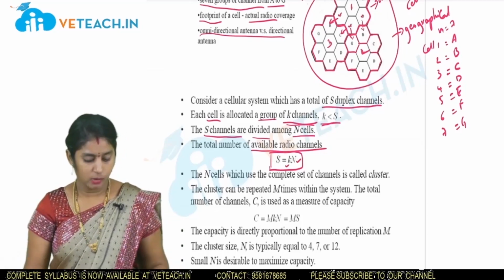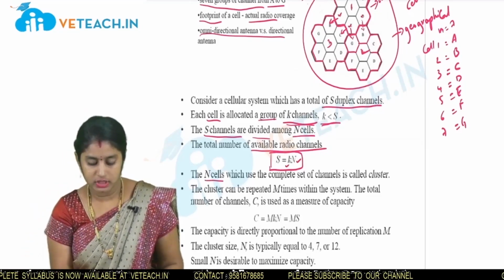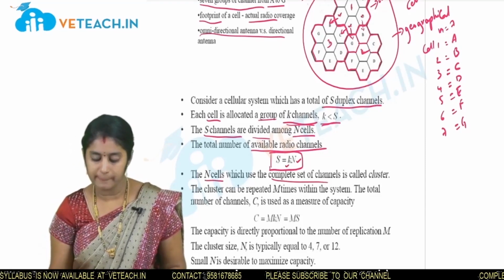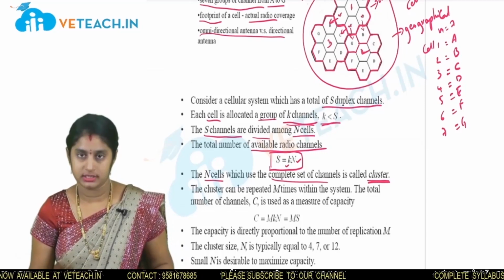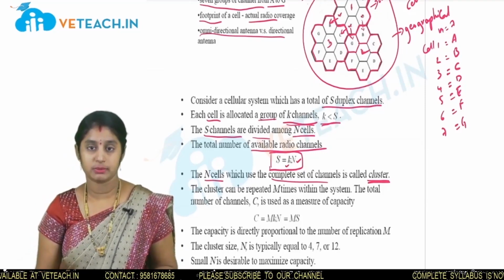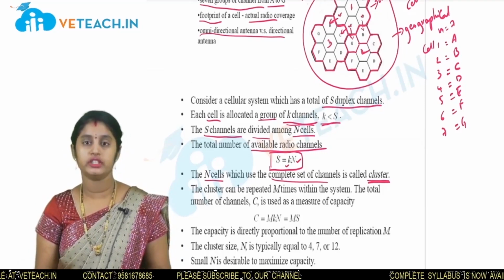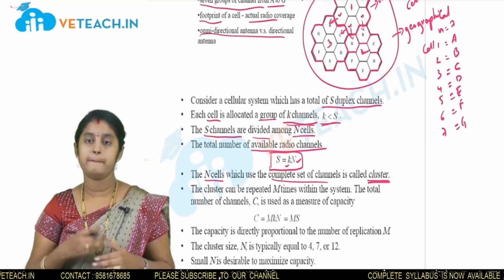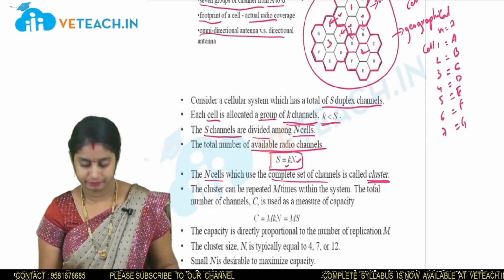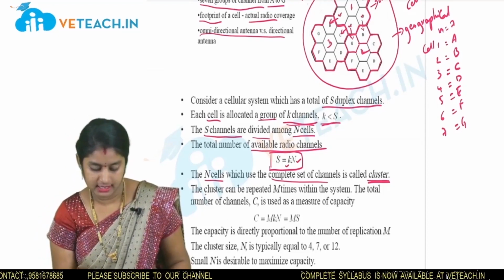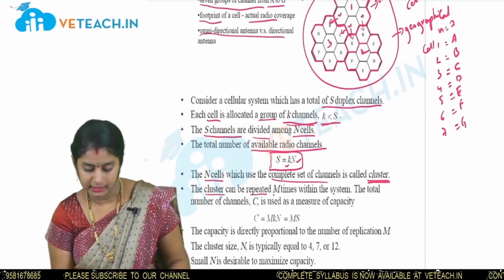Clear? And now the N cells which are used to complete the set of channels are known as a cluster. What we discussed before, the N cells used for the complete set of channels is called a cluster. And next, the cluster can be repeated M times.